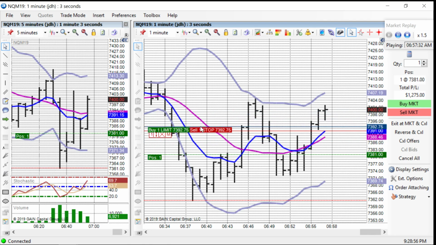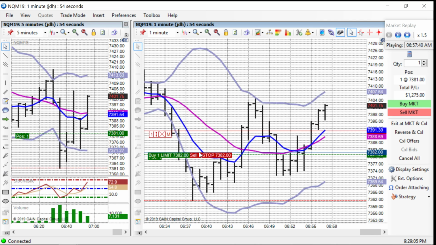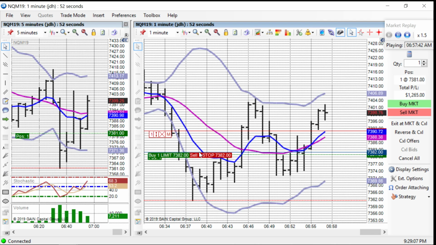So it's the same process here. We're just following it up with a trailing stop loss. I know I've already kind of messed up this video, but anyway, it gets the idea across.